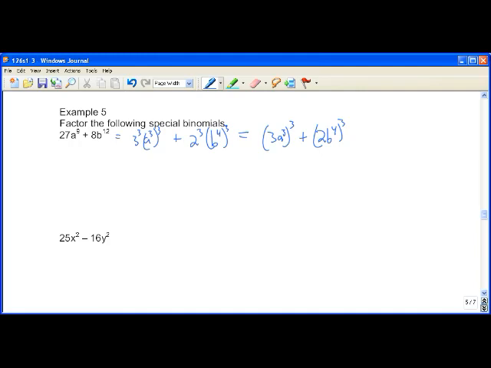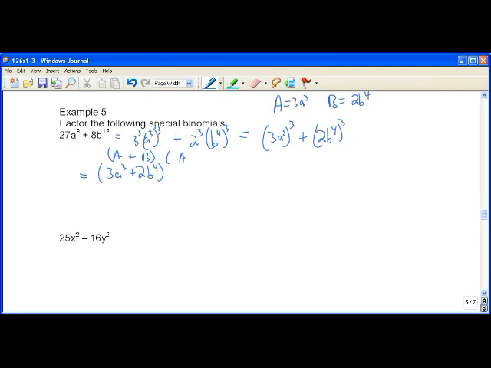So what we saw earlier in the previous page, capital A would be the 3a cubed. Capital B would be 2b to the 4th. So how this breaks down is the following. 3a cubed plus 2b to the 4th. So that's like our a plus b.